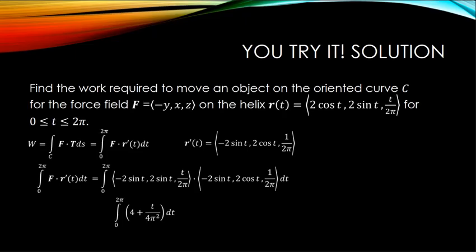This simplifies to the ordinary integral from 0 to 2 pi of the quantity 4 plus t over 4 pi squared dt. This gives me 4t plus t squared over 8 pi squared evaluated from 0 to 2 pi. I plug in those limits of integration and I end up with 8 pi plus 1/2.